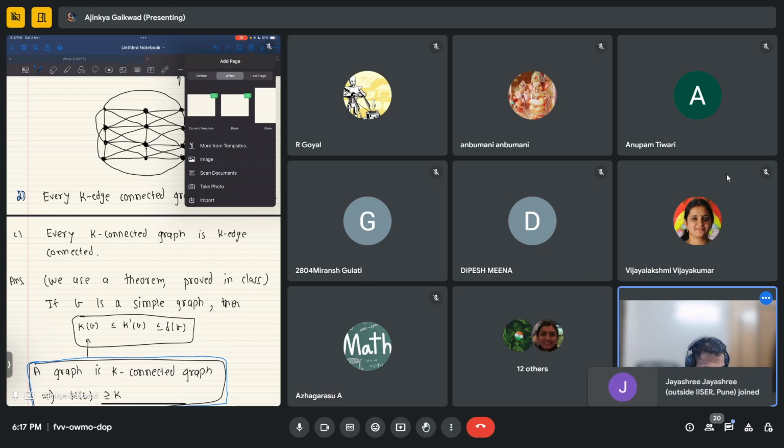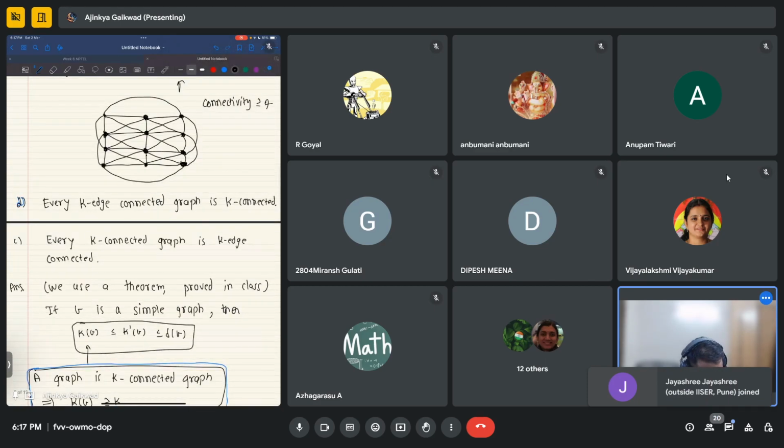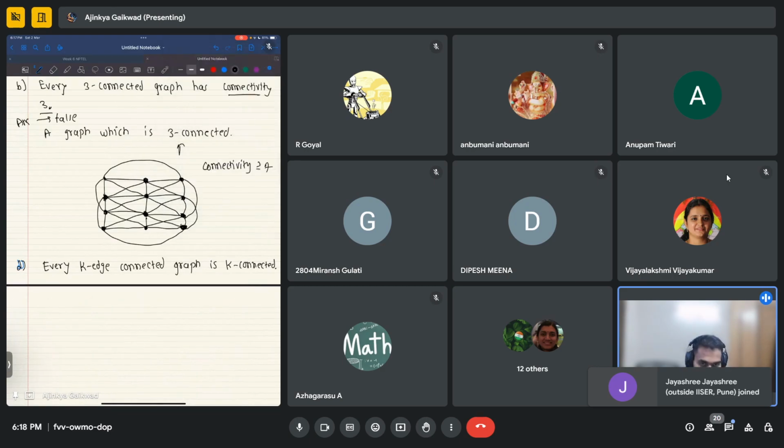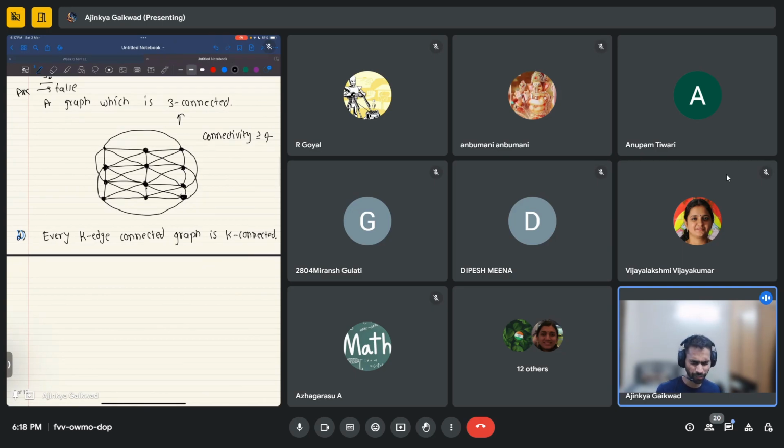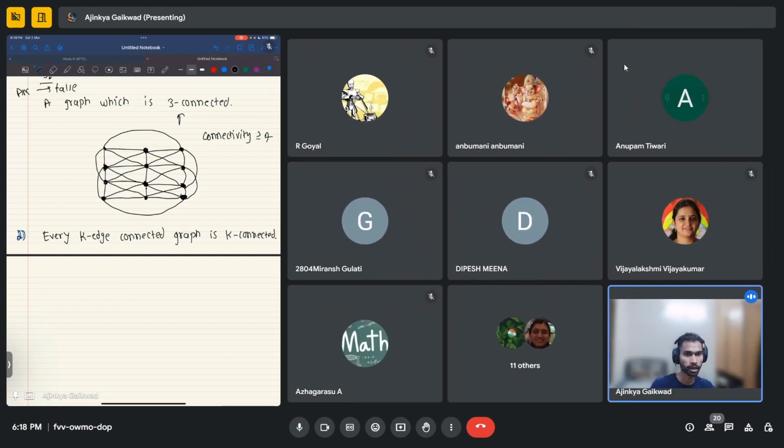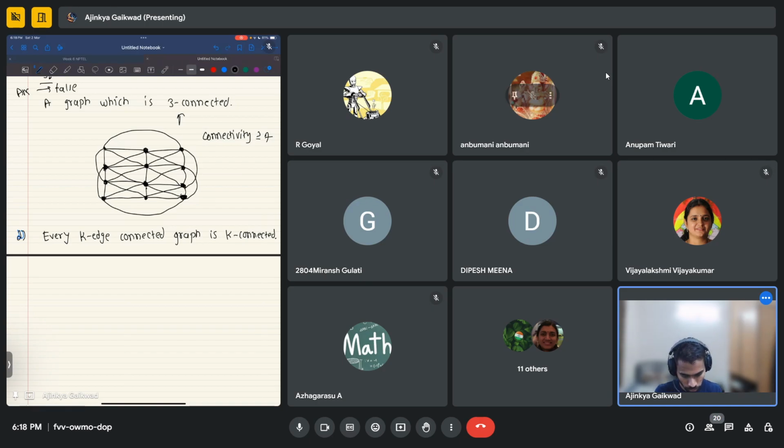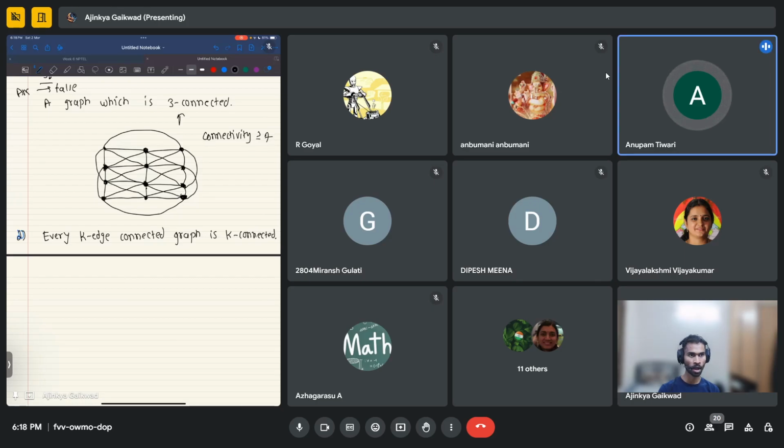Let the others also think for a minute. Until then, you can try and construct a counterexample on your own for this statement: every k edge connected graph is k connected. I'll wait for a minute. It is false, sir, false.